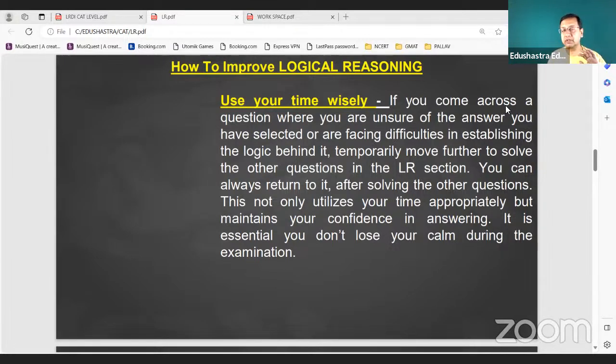This is a prerequisite to divide your timings so that you can have a good attempt in the examination. And for this purpose, you can use the EduShastra online portal for attempting a section test on logical reasoning, or a full length mock test for a particular examination.